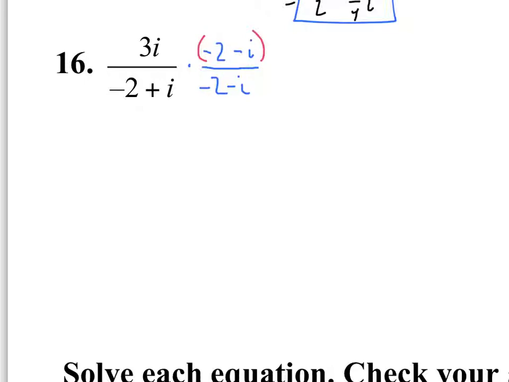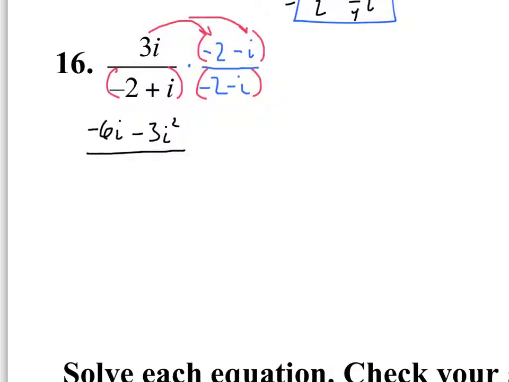So on top, we have to distribute. On the bottom, we're going to have to FOIL. So on top, 3i times -2? -6i. 3i times -i is -3i squared.